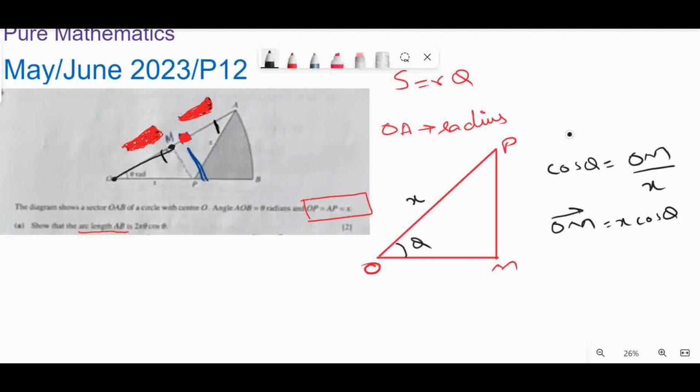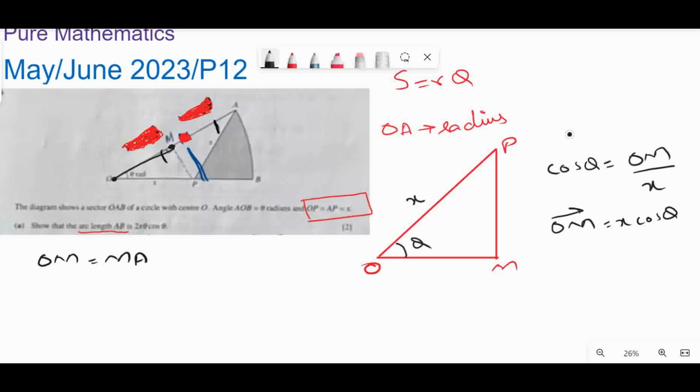Now we know that OM is equal to MA, because this is the midpoint. It is given that it is the midpoint, and as we are drawing a perpendicular over here, it will divide the length OA into two equal lengths.